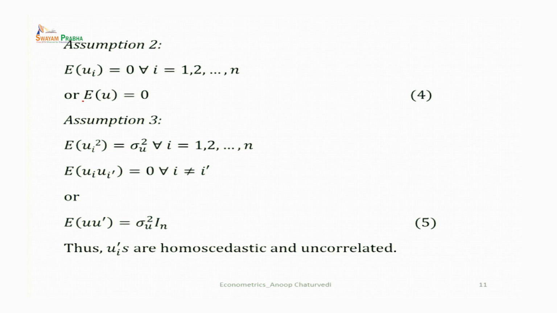So, if we take the expectation of u, meaning expectation of u1, u2, so on un, expectation of this random vector means expectation of u1, expectation of u2, so on expectation of un, and expectation of ui is equal to 0 for all i equal to 1 to n. So, expectation of u is a vector with elements 0 0, so on 0. So, this 0 is actually an n cross 1 vector with all elements 0.